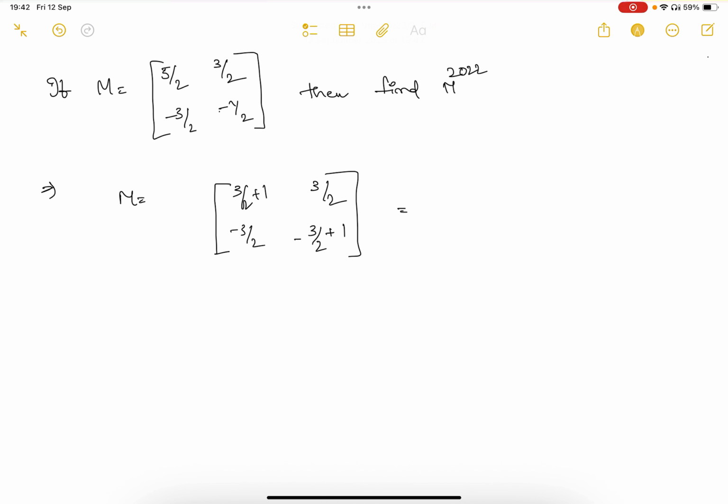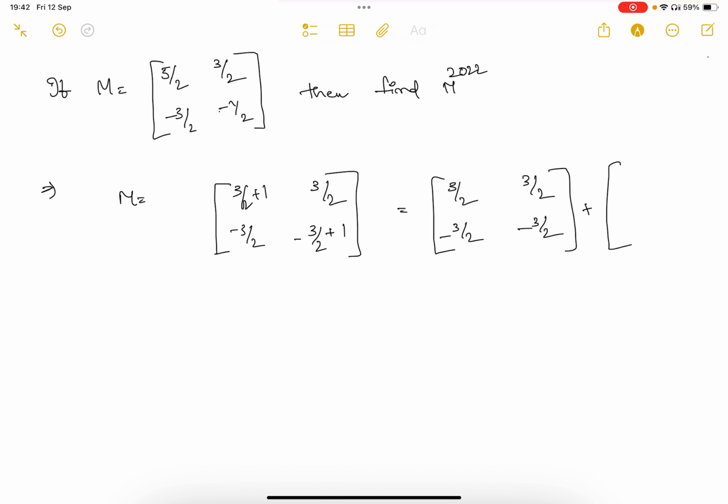Now let's do one thing here. Let's split this matrix M as 3 by 2, 3 by 2, right? 3 by 2 and 3 by 2. Here it's minus 3 by 2, minus 3 by 2, right?